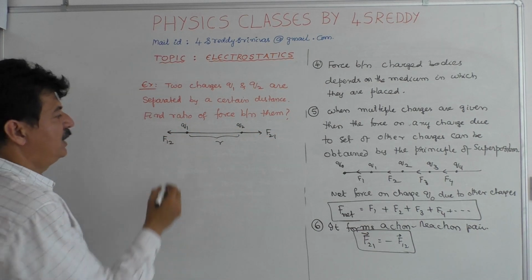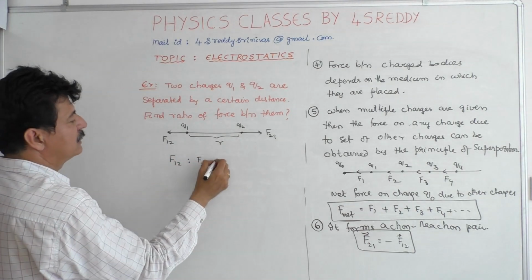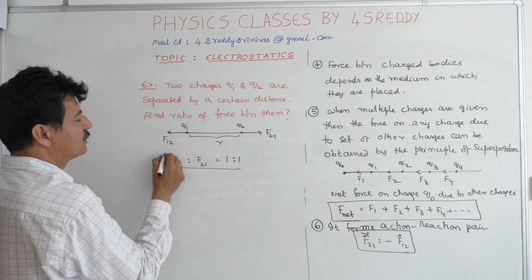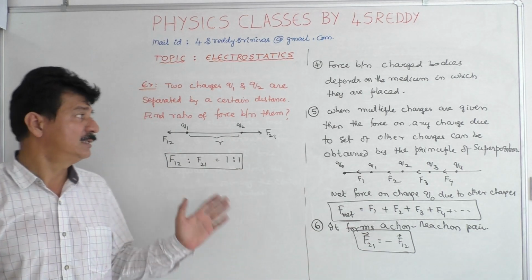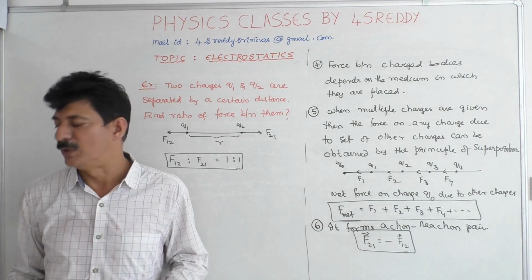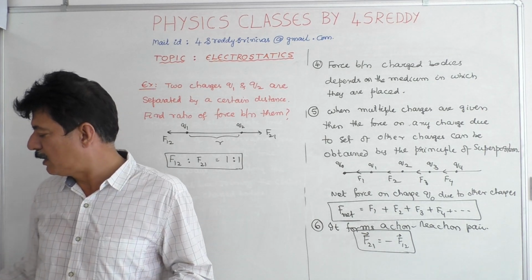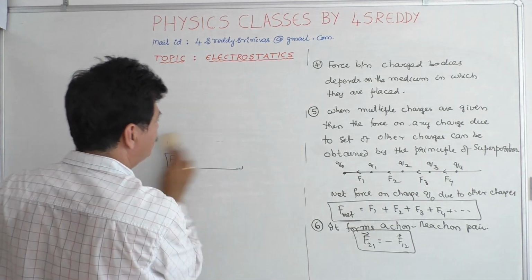These two are equal, therefore F12 to F21 is 1 is to 1. Because it forms an action-reaction pair, the ratio of forces on them is 1 is to 1. So these are the general properties of the electrostatic force.